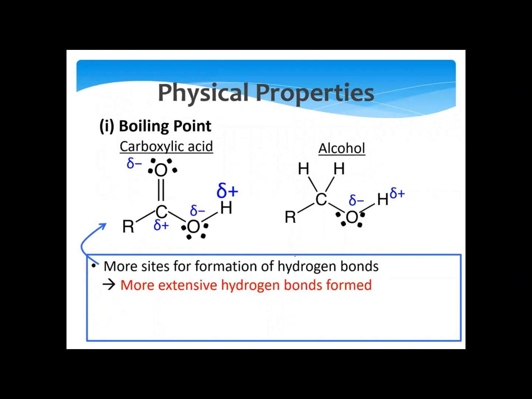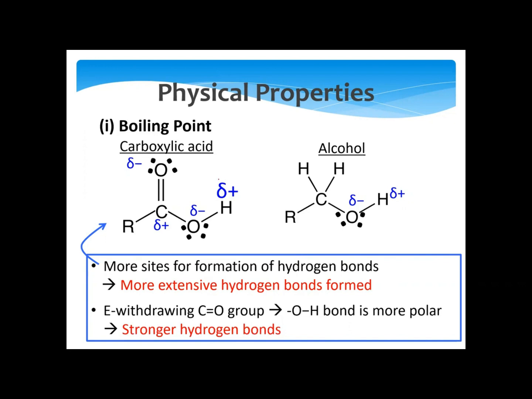Second reason, you can see that this particular H has got a bigger delta positive as compared to the OH on alcohol. Because of the electron withdrawing C double bond O group, it makes the OH bond more polar, which is why I could draw the delta plus on the hydrogen bigger.